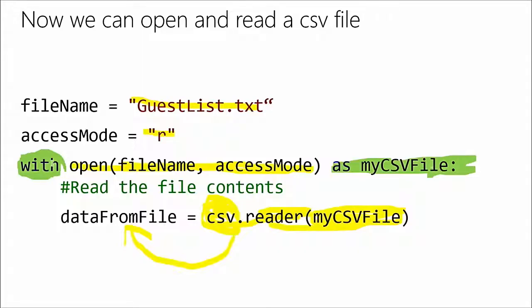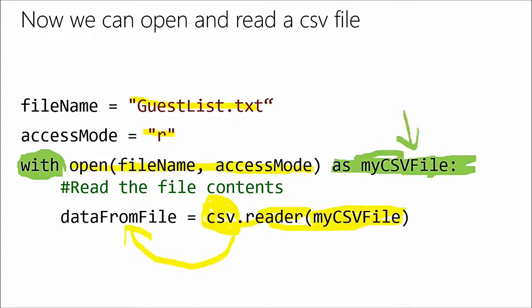When you use this syntax to open a file, it's basically designed to help protect you. Instead of saying my CSV file equals open file name access mode, I'm saying with open file as, and then the name for the file, my CSV file.